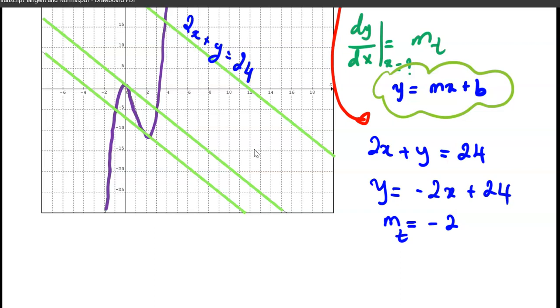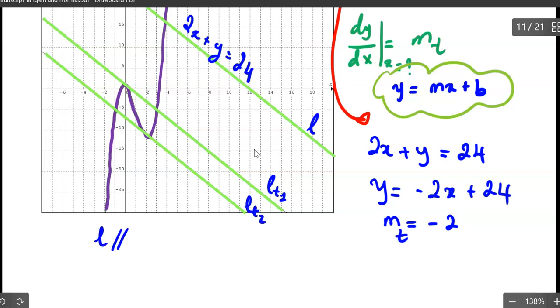Given this line, this one can be line of tangent 1 and line of tangent 2. So we have L parallel with LT1 parallel with LT2. Therefore mT is equal to -2, because the slope of this line, mL, is equal to -2.